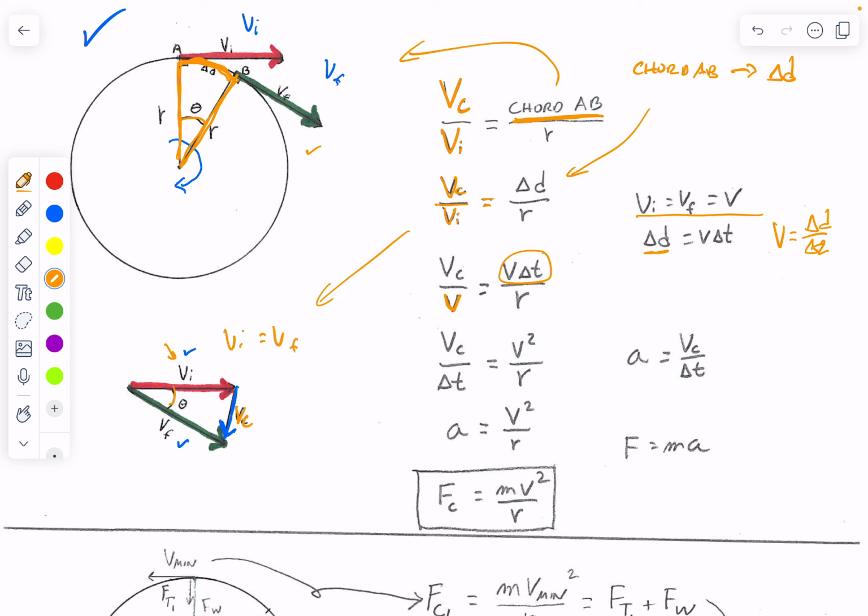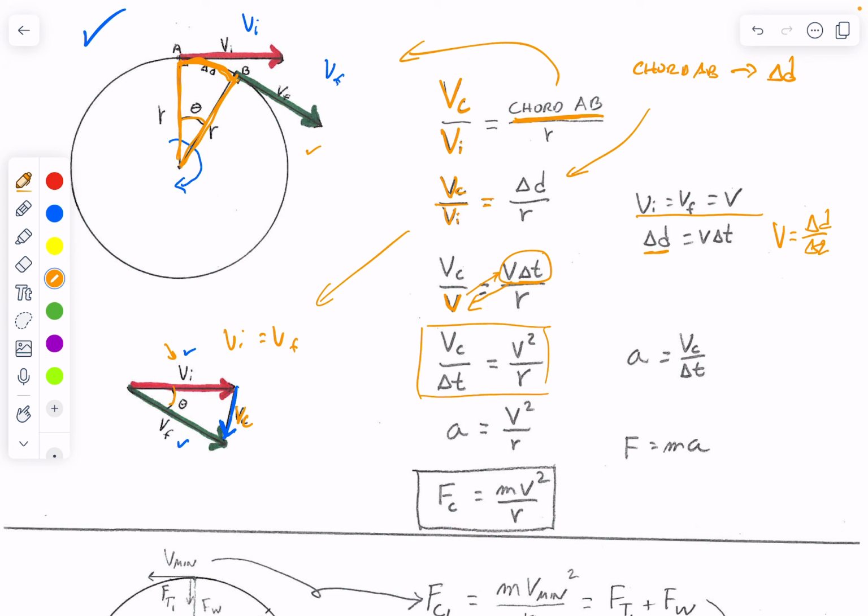Now, the next thing we're going to do is move my velocity part, the delta T part, we're going to move that down to the bottom, and we're going to move the velocity up to the top by multiplying both sides by V and dividing both sides by delta T. And now we have this equation right here.